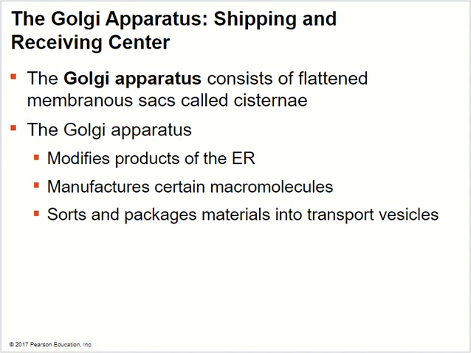The Golgi apparatus consists of flattened membrane sacs called cisternae. The Golgi apparatus modifies the initial products of the endoplasmic reticulum, and then it will manufacture certain macromolecules and sorts and packages material into transport vesicles.